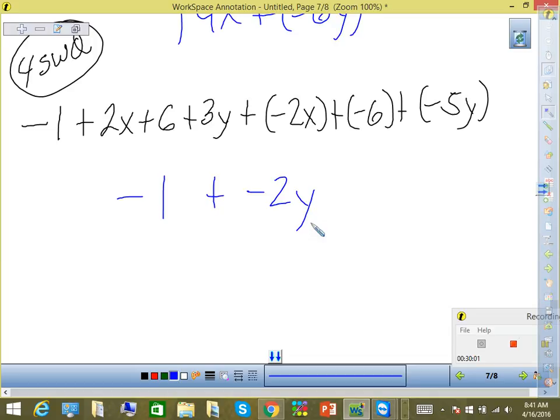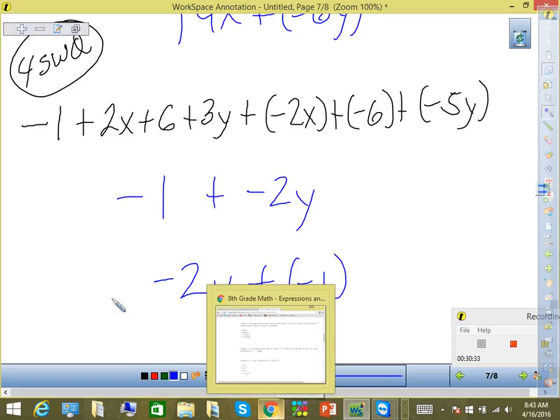Technically, it is correct, but from now on, whenever you see something like this, you need to set it in standard form. What is that? From highest to lowest degree, which means the variables first and the constants at the end. So this would be negative 2y plus negative 1.